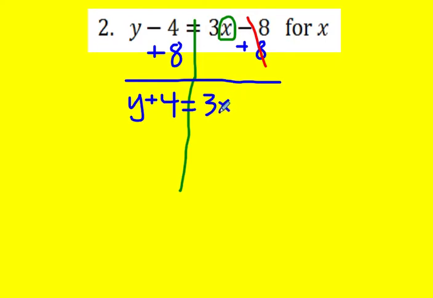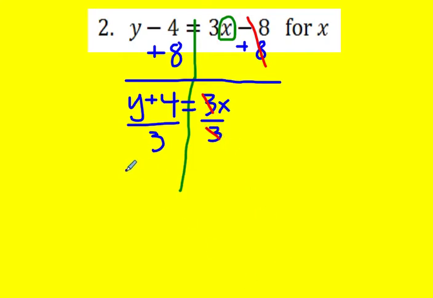So now, to get x by itself, I need to divide both sides by 3. Remember that when you divide over here, you have to make sure you divide the whole entire side, meaning that that 3 is going to apply to both the y and the 4. These 3s will cancel out.